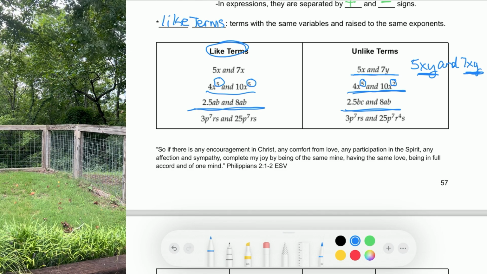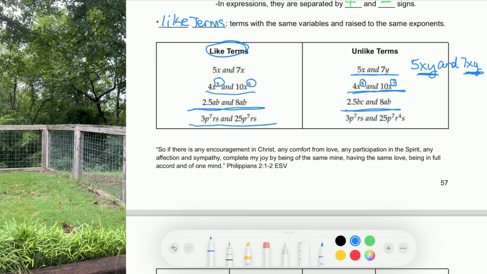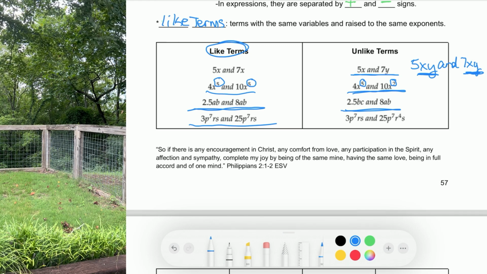Those are unlike terms. Our last example is 3 times P to the power of 7, RS, and then 25 times P to the power of 7, RS. Those are the same. The P's both have the power of 7, and the R and the S both have a power of 1. So we're good there.